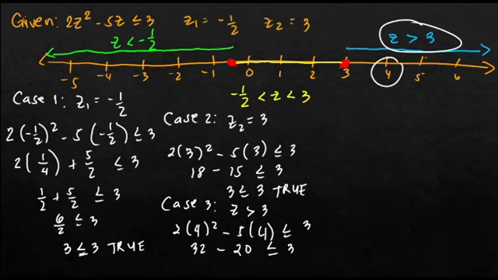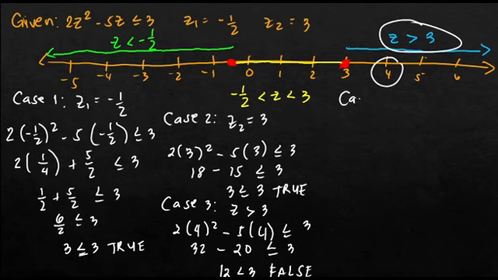So we have here 32 minus 20, and that is 12 less than or equal to 3. So this statement is false because 12 is not less than or equal to 3.